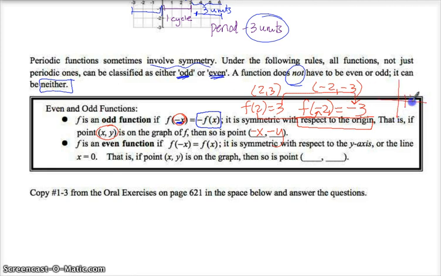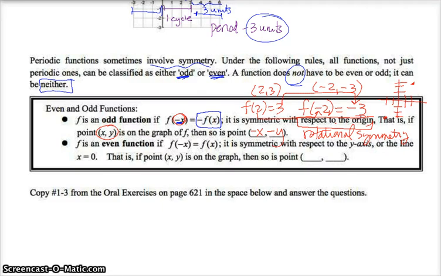So notice what happens. We went to the right 2, up 3. That was the original point. Well, left 2, down 3. So it rotates. That's also known as rotational symmetry. It rotates 180 degrees about the origin. That's what symmetry with respect to the origin is. It's also called rotational symmetry. That means if you turn your paper upside down, you should see the exact picture as if you held it just the way it was originally.